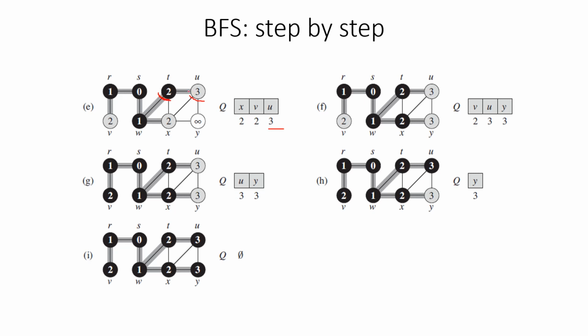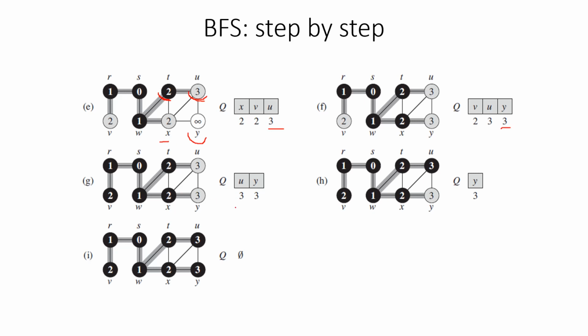That's why we add one more, and it is 3. Then on the next step, we take out X, right? X has only one undiscovered adjacent element, which is Y, right? So we put Y here and give 3 because X has 2.